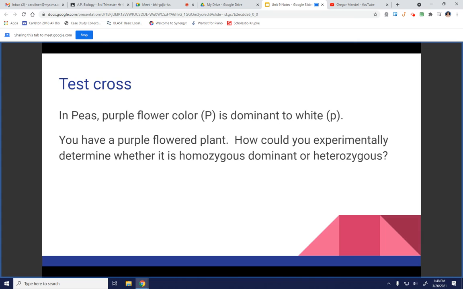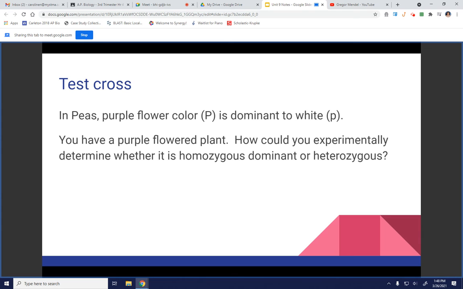Often when people work with genetics, one thing that you will frequently hear about when you hear about genetics experiments is something called a test cross. And this is something that I want you to think about and actually turn and talk to somebody about for a minute. If you have a purple flowered plant, and you know purple is dominant and white is recessive, you have a plant with purple flowers.